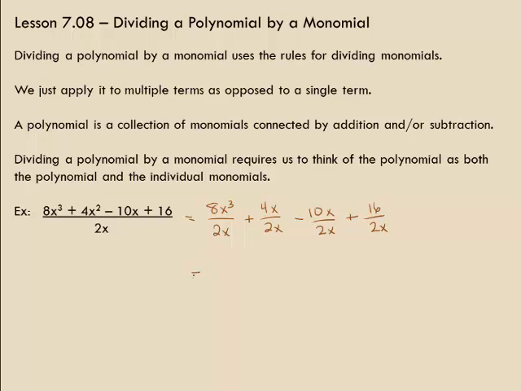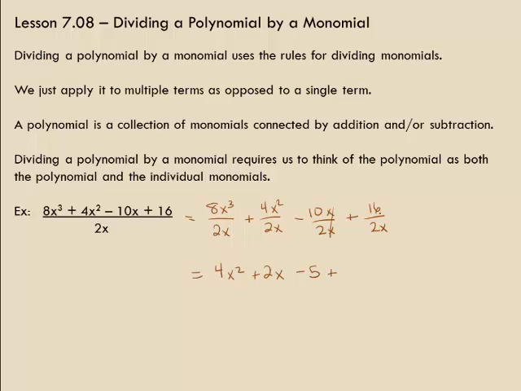Okay, so 8 divided by 2 is 4. X to the third over x gives me x squared. 4 divided by 2 is 2. X squared over x is 1. We subtract the exponents, so 3 minus 1 is 2, 2 minus 1 is 1. 10 divided by 2 is 5, the x's cancel.